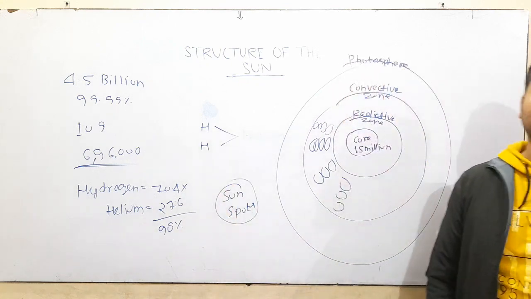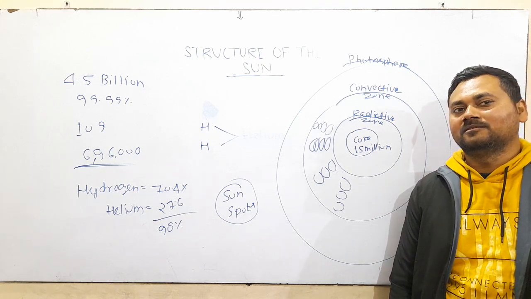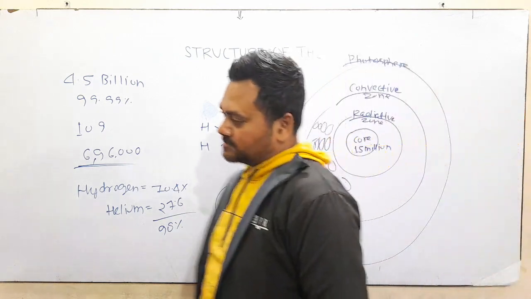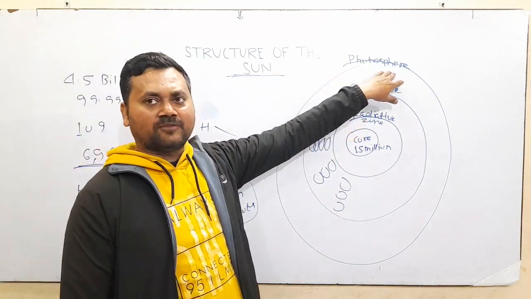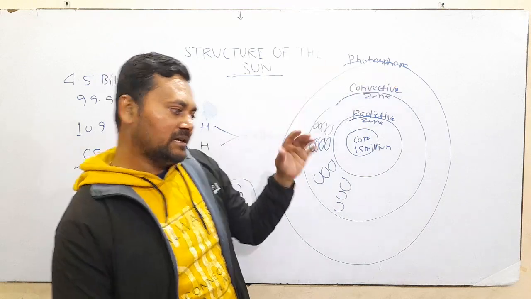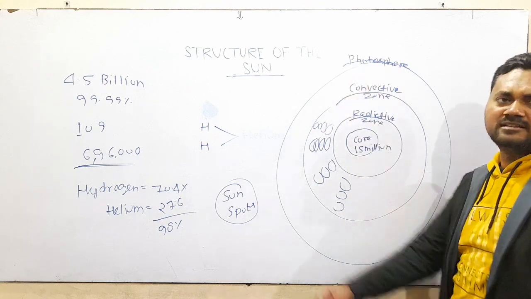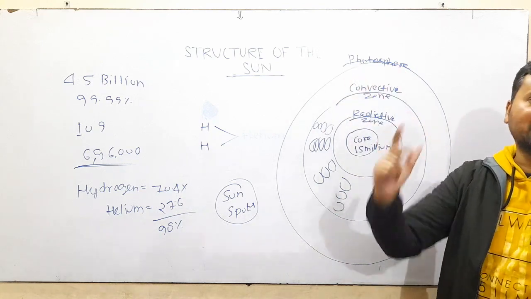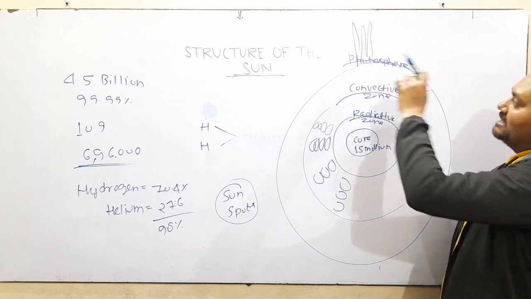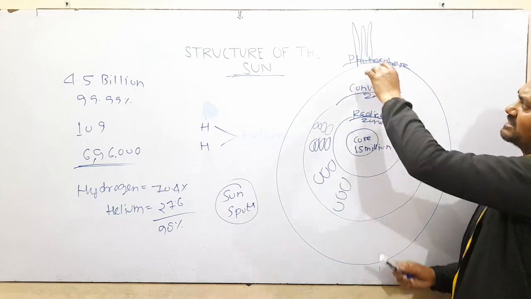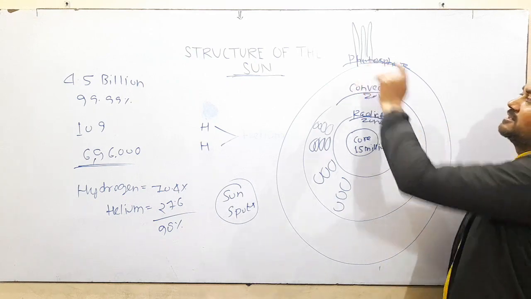So what are these sunspots? These sunspots, actually what happens in the photosphere, the energy, the radiation happens. So you can say the fire flame goes like this, and the temperature of the fire flame is around 6000 degrees Celsius in the photosphere.